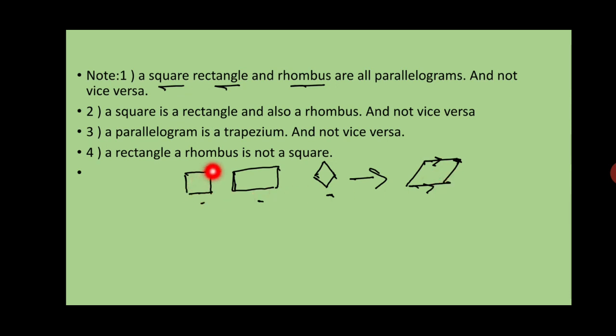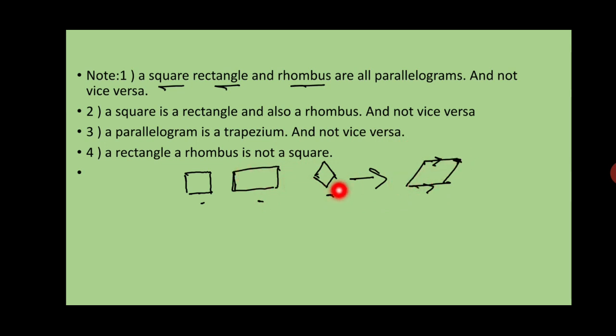Right? See here also, opposite angles, are they equal? Yes. Here also they are equal. Therefore, a square is a parallelogram. Right? Similarly, a rectangle is a parallelogram because opposite sides are equal and parallel, just like a parallelogram. Here opposite angles are equal.